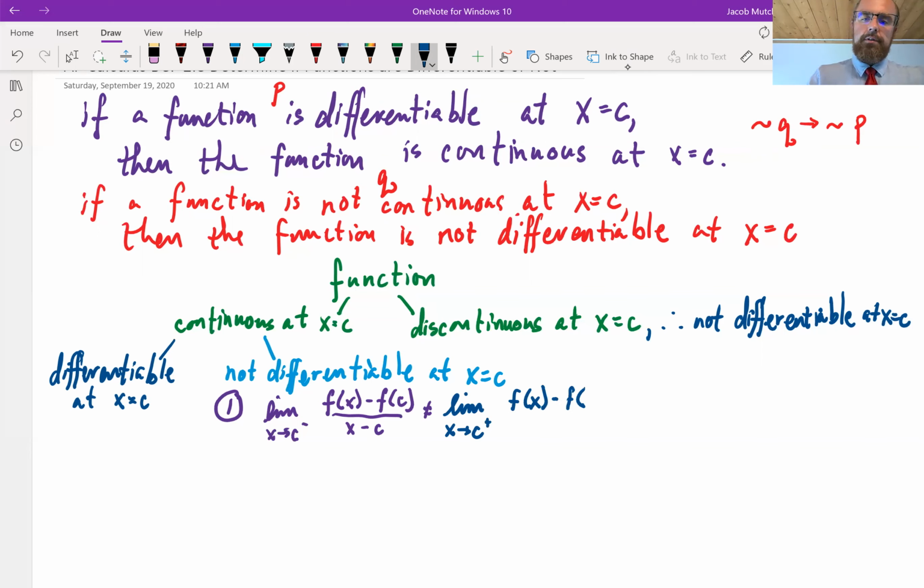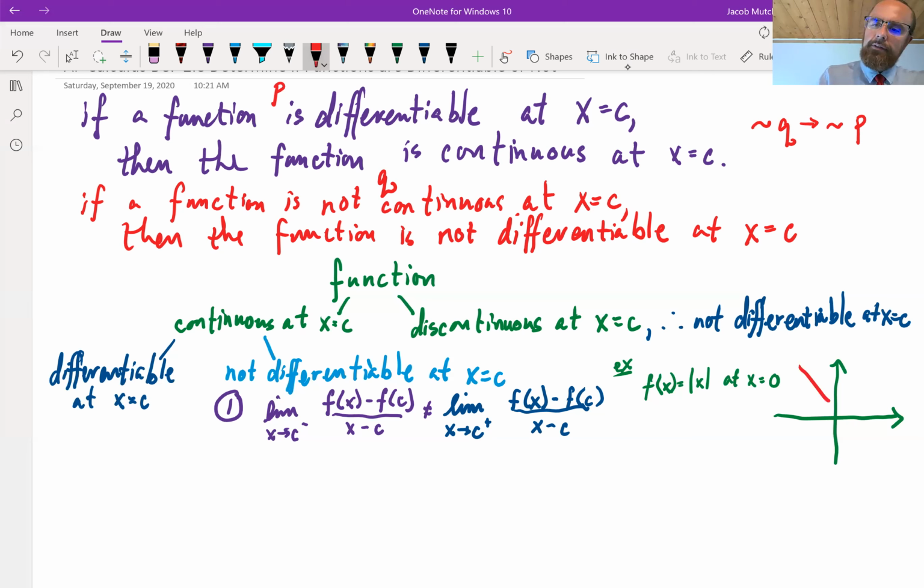Now let's just see an example. So an example of this situation is the parent function for absolute value functions. So f of x equals absolute value of x at x equals 0. And let's just take a look at the graph, because really this example is best viewed graphically. So if I put the plane there and graphed absolute value, that's that characteristic V shape.